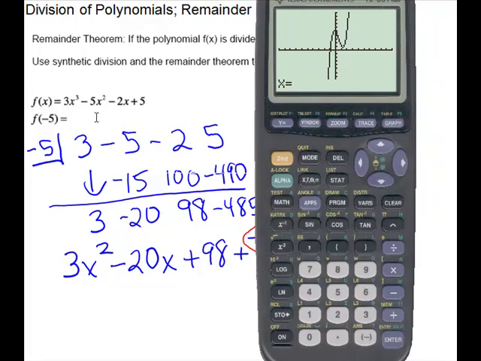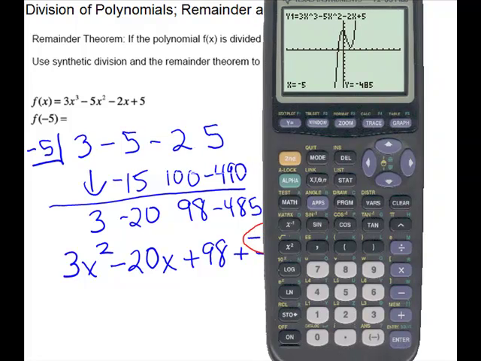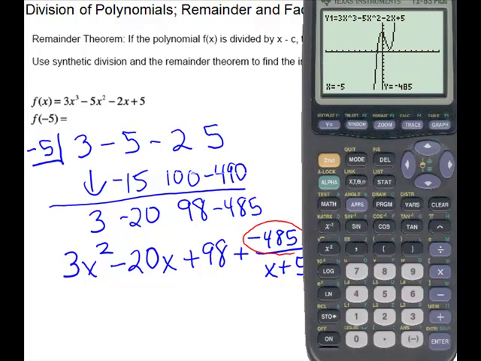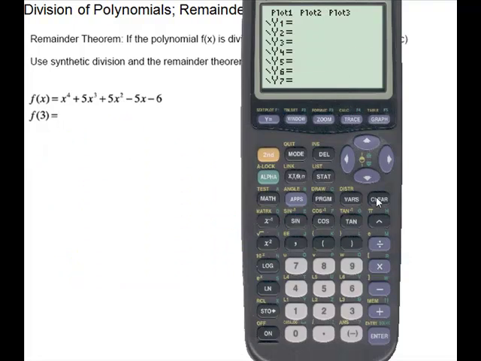And so we want to know when x is negative 5 and y is negative 485, which is our remainder. So that's just a little double check.